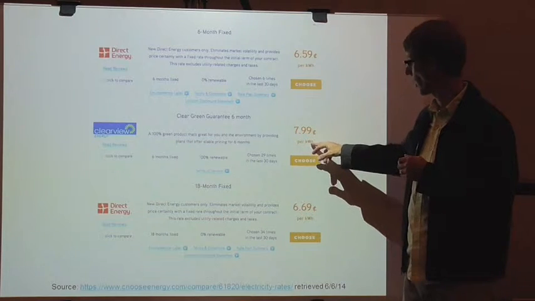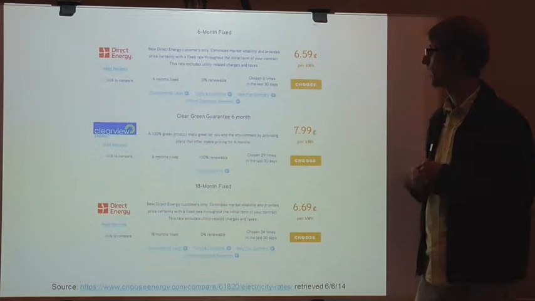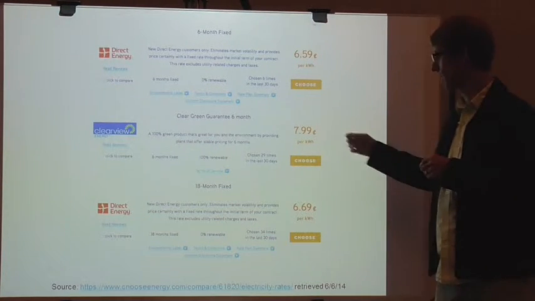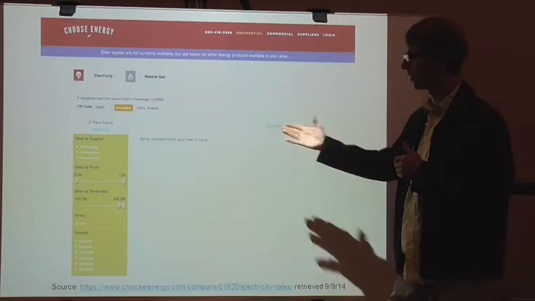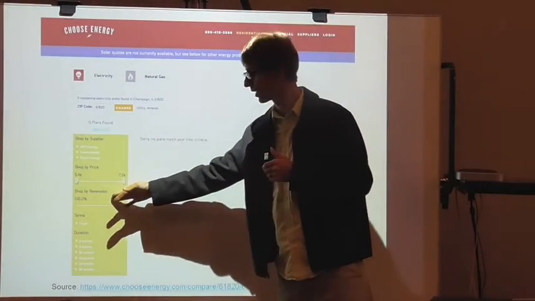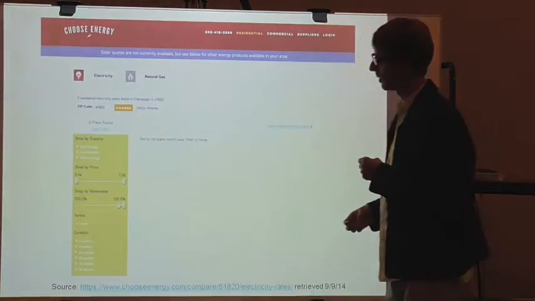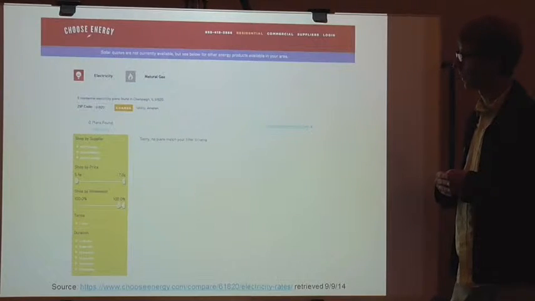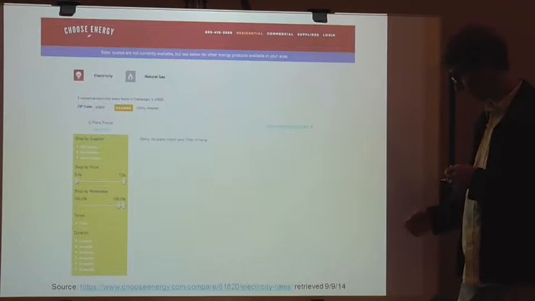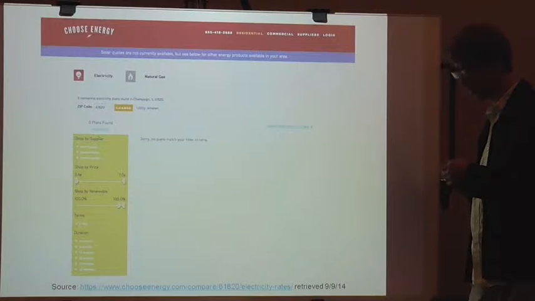The price per kilowatt hour was more expensive, but that was possible. I checked again yesterday, and there's no supplier who's giving renewable access to energy or supplying renewable electricity to customers in our location right now.